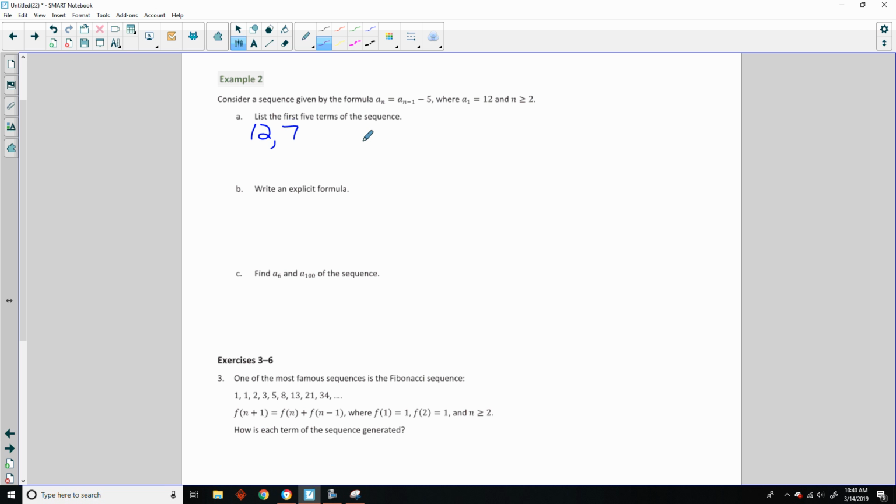So we get 7. Let me just write this for you so it's not confusing. If I were looking for the second term, my n is 2. So a sub 2 equals a sub 2 minus 1 minus 5.